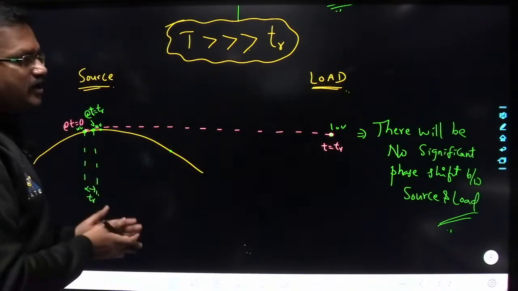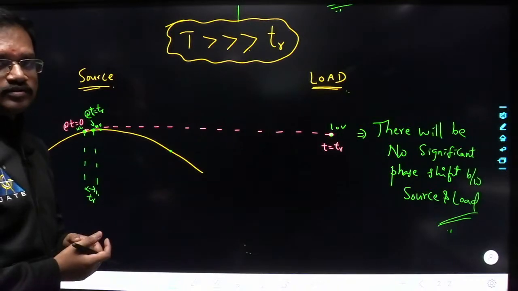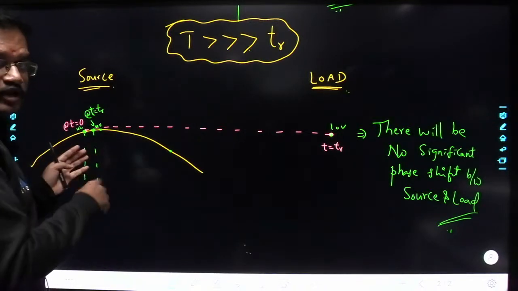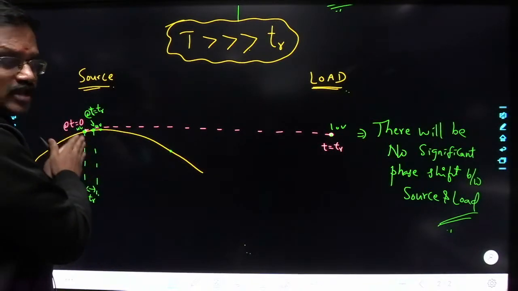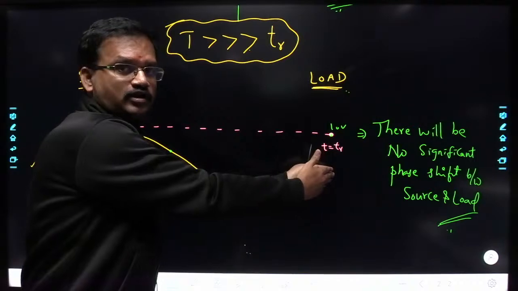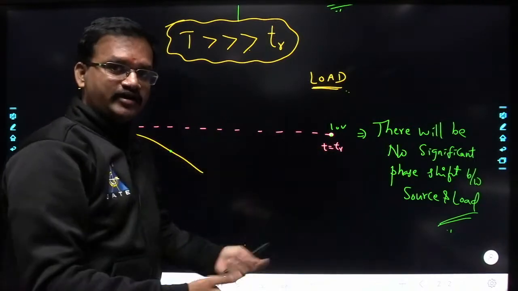Okay, so here we can happily apply KVL. Whatever the voltage that is available at the source at any instant of time, the same voltage is available at load. So KVL is valid here. Understood?